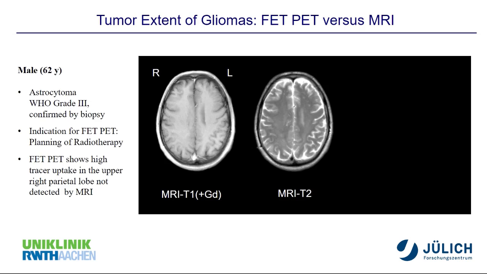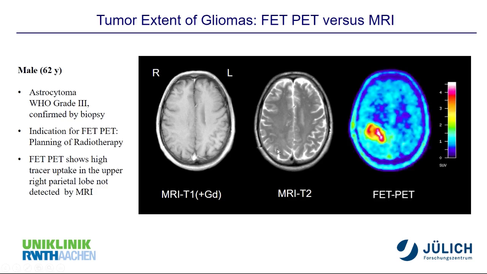The last case in this series shows another very surprising result. The patient had a histologically confirmed astrocytoma grade 3 in the right hemisphere and was referred for FET PET for radiotherapy planning. In the upper parietal lobe of the right hemisphere, MRI shows no contrast enhancement and no major abnormality on the T2-weighted MRI.